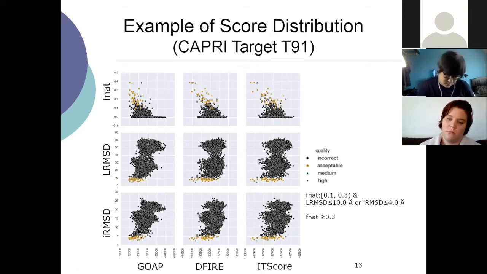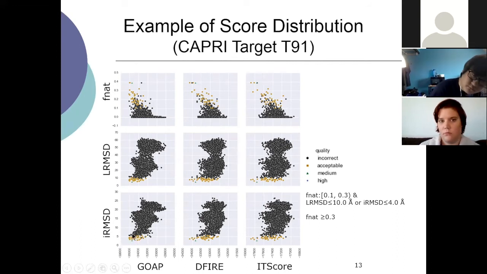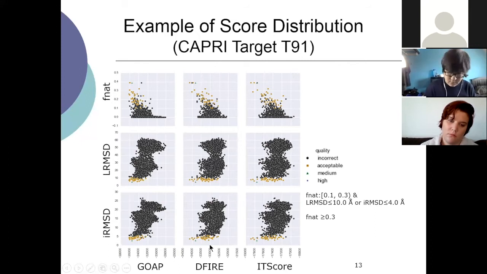As you can see, if you pick the best GOAP score model, or let's say the top 10 best GOAP score models, that actually includes the best models within the top 10. Same thing for DFIRE.